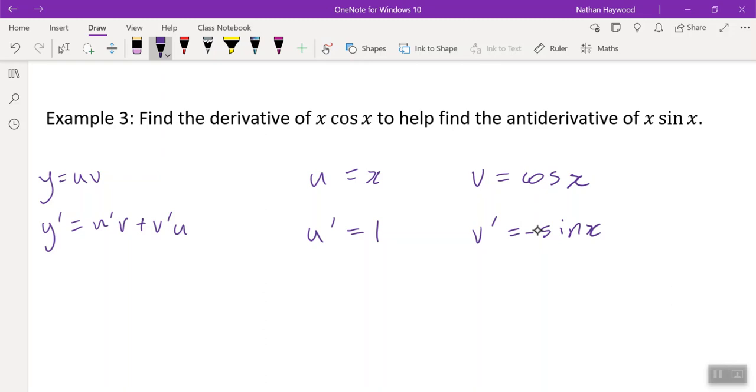If v is cos x, the derivative of v is negative sine x. So then you put it into this formula. So we found the derivative. Now we need to try and rearrange it to find the integral.